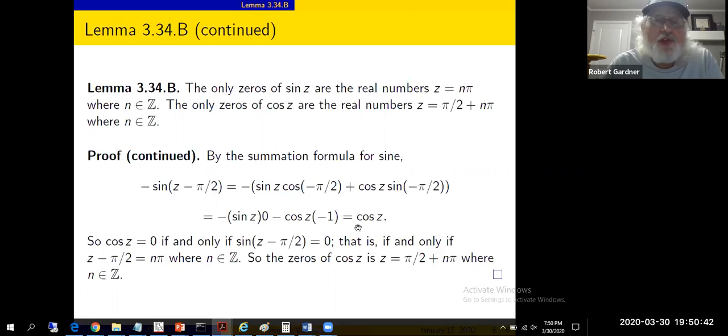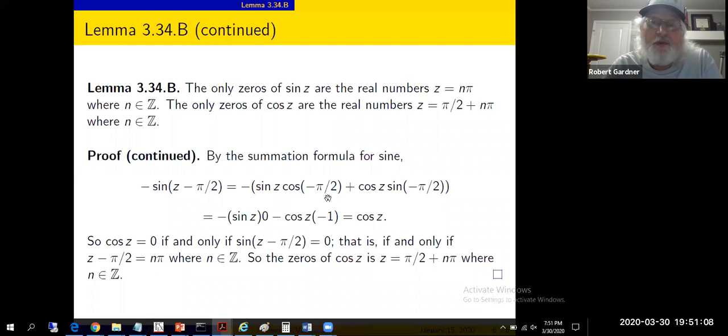For the cosine function, we'll use a little summation formula trick, though we could do a similar analysis to what we just saw. Let's take sine of z minus pi halves. That's, from the summation formula for sine, sine z cosine of negative pi halves plus cosine z sine of negative pi halves.